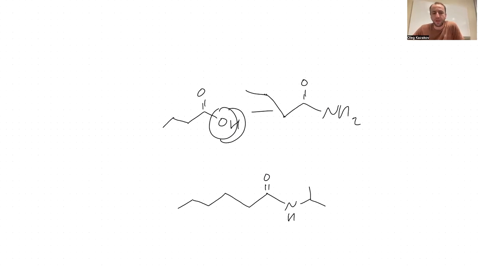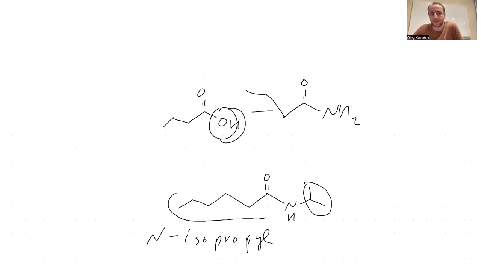To name it, you need to acknowledge first of all that on the nitrogen atom of the amide you are going to have a substituent which is different from just an H. In this case it's isopropyl and isopropyl.